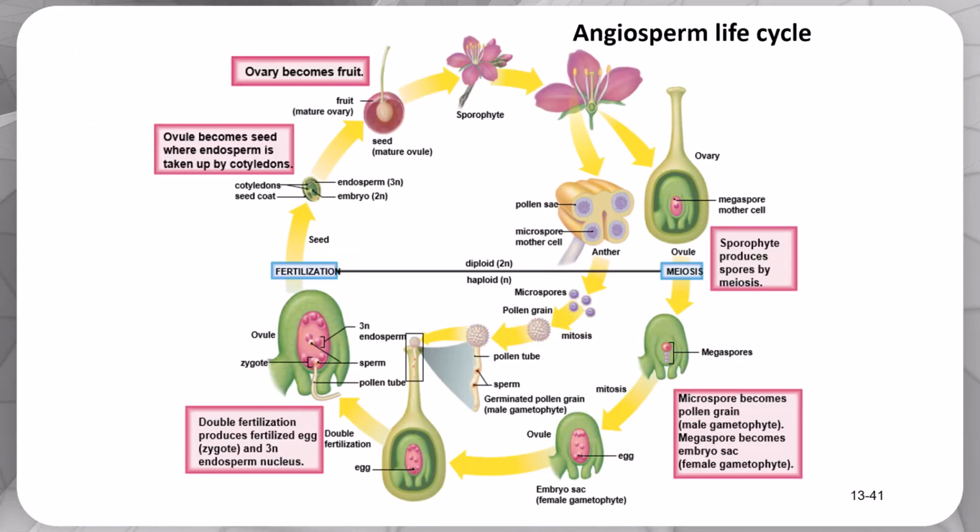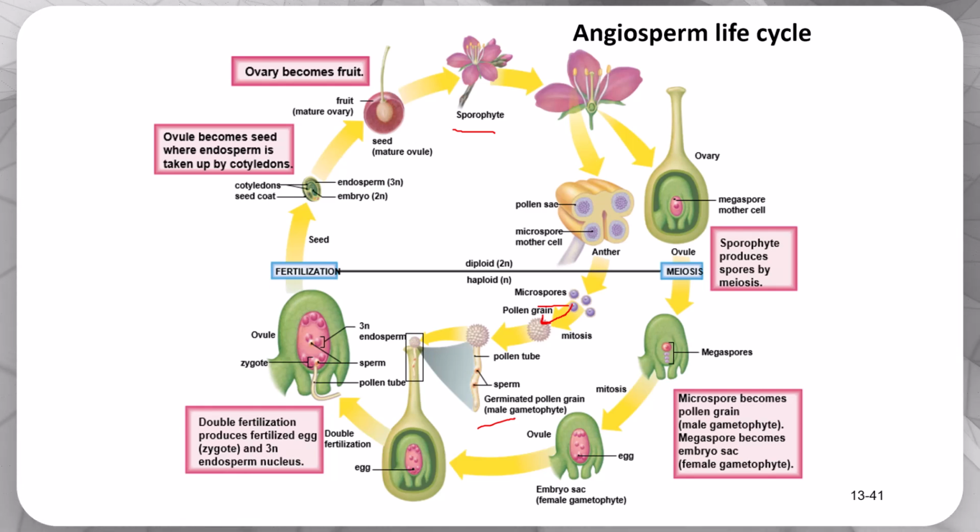So here's that alternation of generations life cycle in angiosperms, right? If we start at the diploid sporophyte generation, this happens to be a complete flower with both male and female parts. So the male parts of the flower produce microspores, which grow up to become pollen, which is the male gametophyte, right?